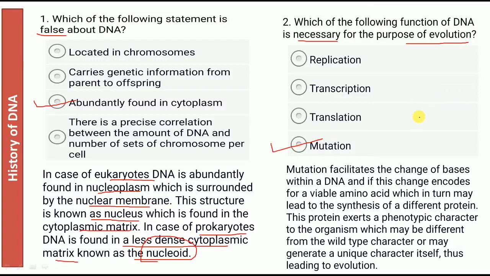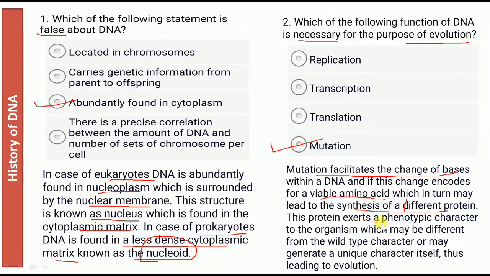A brief explanation about it. Mutation facilitates the change of bases within a DNA, and if this change encodes a viable amino acid, which in turn may lead to the synthesis of a different protein, this will result in the formation of a different protein.